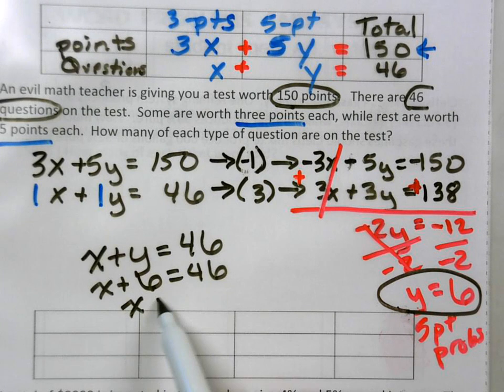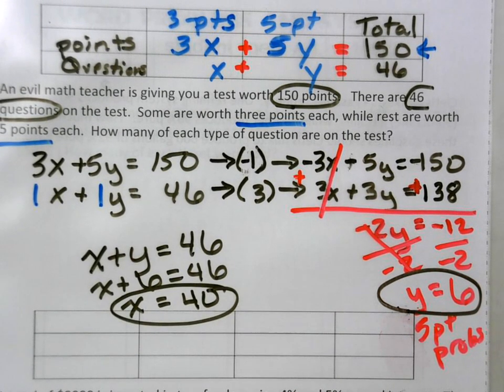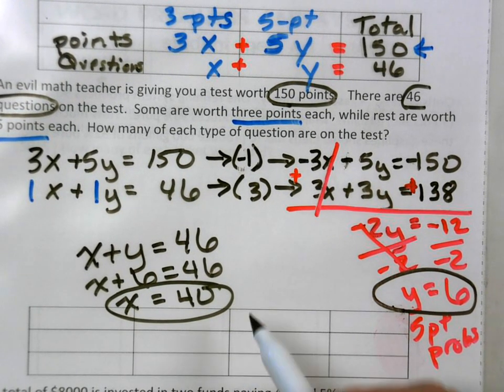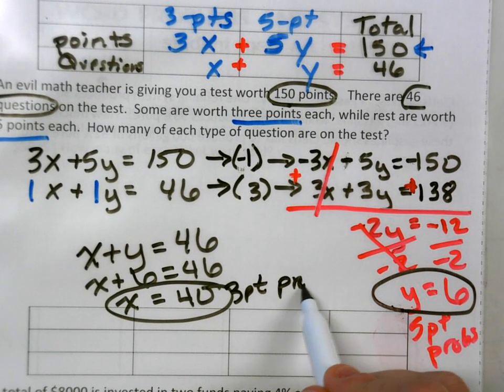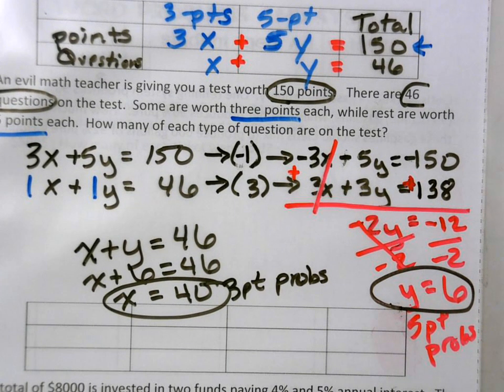So what does that make x? 40. And 40 what? 40 3-point problems or questions. Okay.